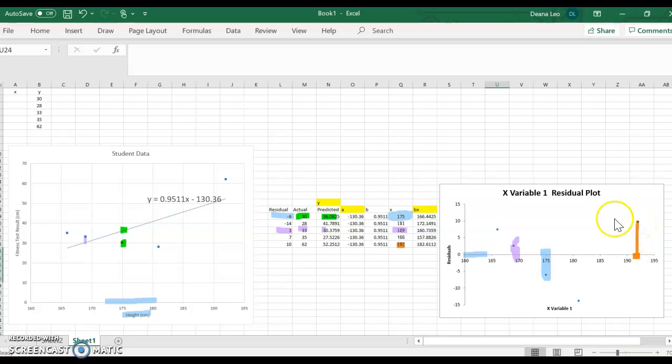If you go back over here, the 192 centimeter person jumped about 62, and they were only predicted to jump 52, so they jumped 10 centimeters higher. This is the 10. They jumped 10 centimeters higher than their predicted result based on their height. So this is someone who is jumping even higher than they should have. This is someone jumping lower than what they should have based on their height.